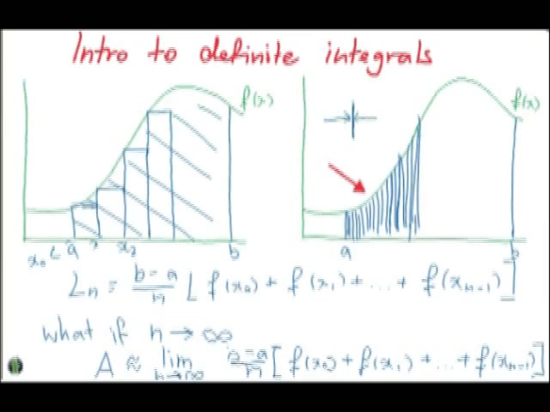So a nice way to write this long limit is as follows. Remember on our last page we said that A is roughly equal, well, it actually is going to be equal, to the limit as n runs to infinity of our approximation. The more strips you have, the more accurate your approximation is.